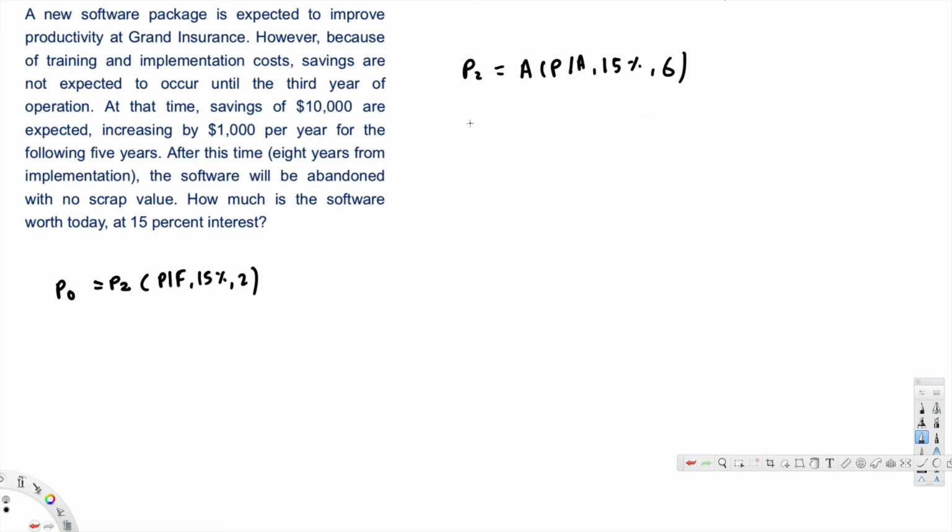And to find out A, this is the formula. A is equal to A prime plus G, A over G, i, n.